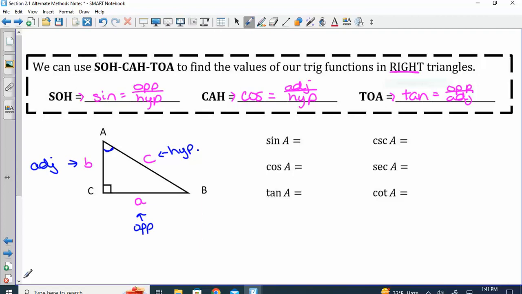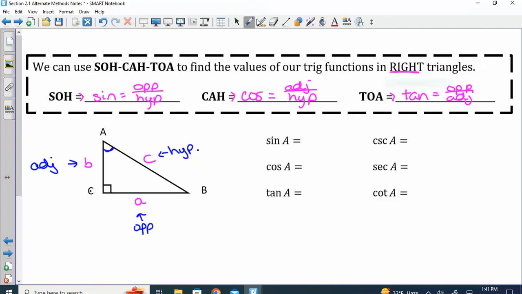The opposite and adjacent sides flip. When we are using SOHCAHTOA, we have to do it from one of the 2 acute angles. We cannot do it from the right angle, because if C is the angle I'm looking at, what's true about my hypotenuse is also my opposite. And so then my definition isn't going to work. So this only works from the acute angles.